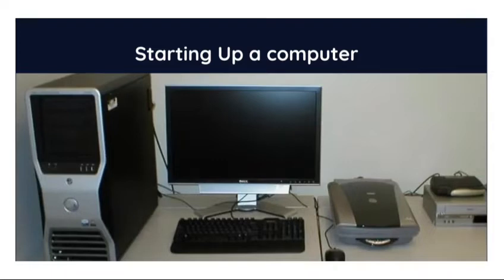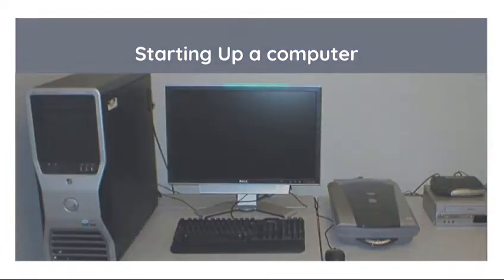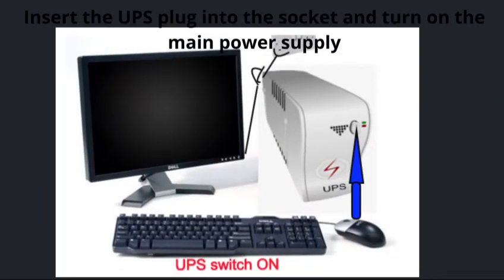Now, how do you start up a computer? There are various ways in which you can start up your computer. First of all, the computer must be off. The very first thing is to connect your computer to the UPS.